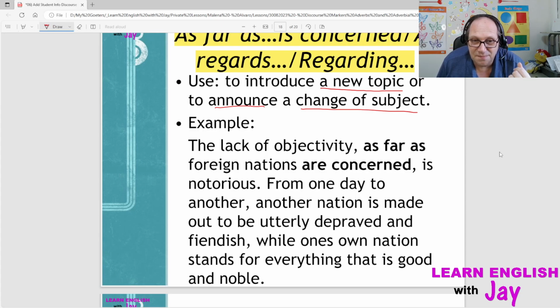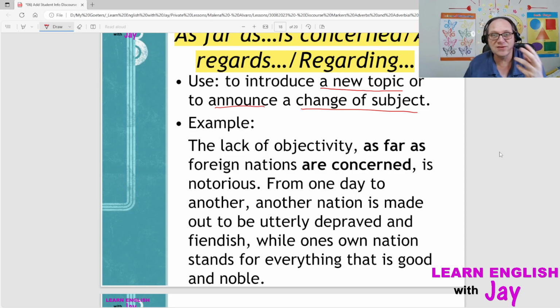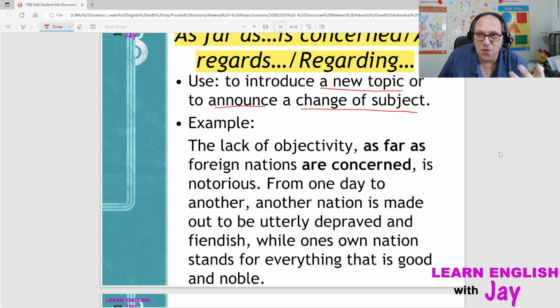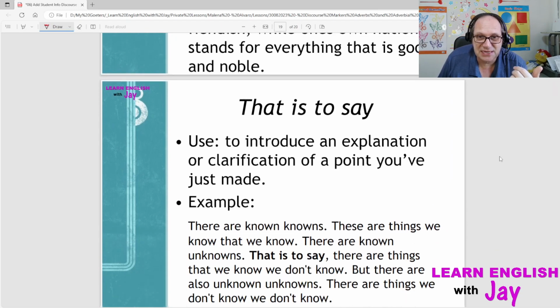So we are now going to be talking about foreign nations. From one day to another, another nation is made out to be utterly depraved and fiendish, while one's own nation stands for everything that is good and noble. So, either to introduce a topic or to change a particular subject.